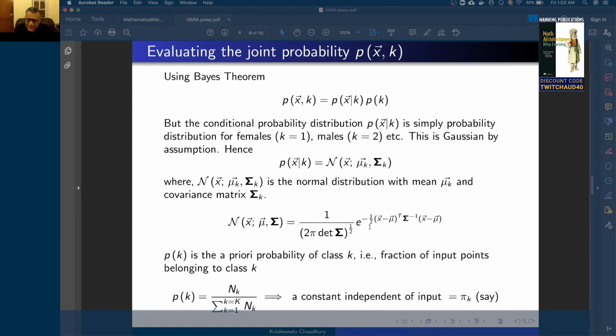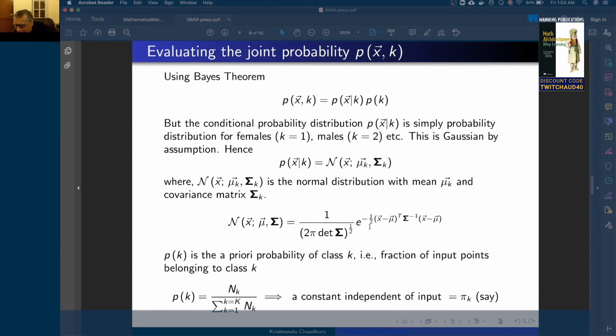On the other hand, the probability of k is essentially the a priori probability of that class occurring, irrespective of the input. As such, we can estimate it as the fraction of points upfront, even without knowing the heights or height-weight pairs.